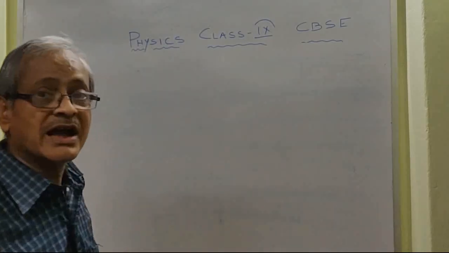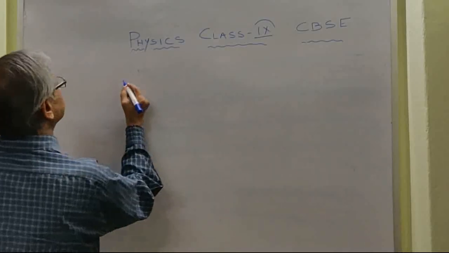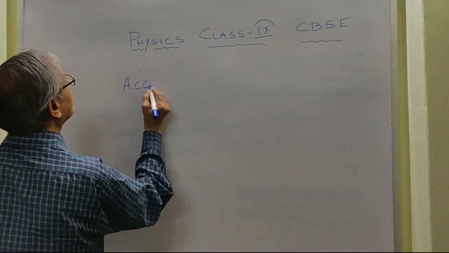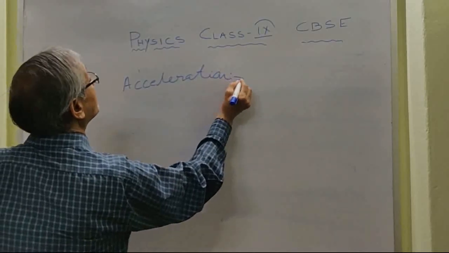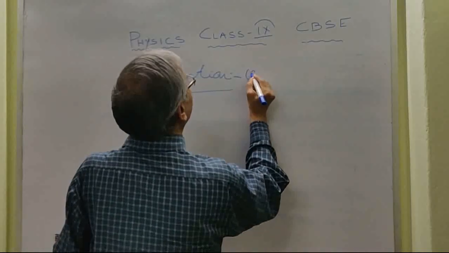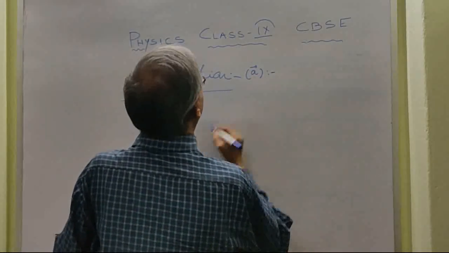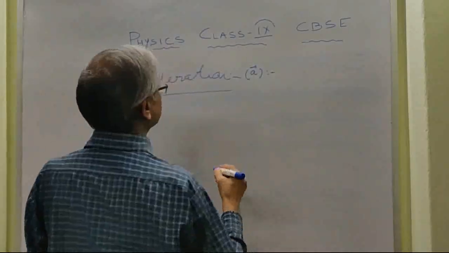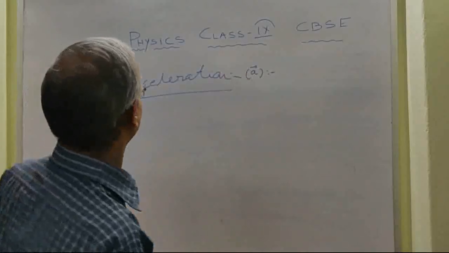Now we know acceleration and retardation about motion. Acceleration is denoted by A, and its magnitude is denoted by only A, no arrowhead is given.